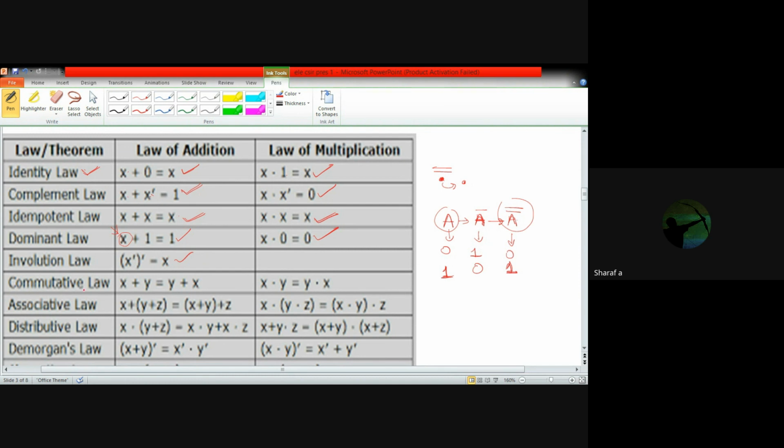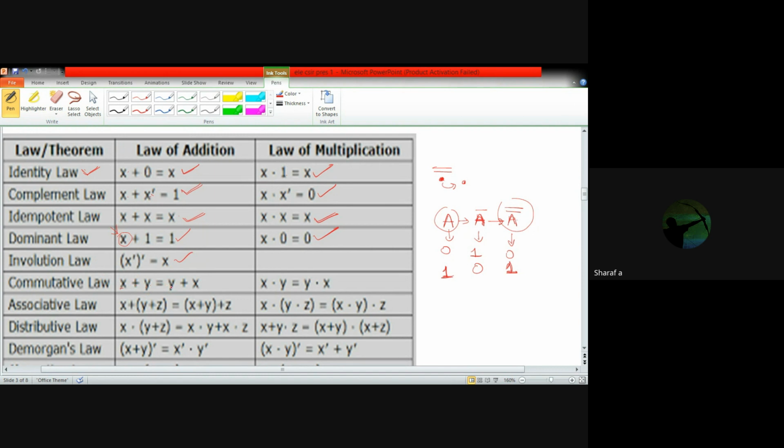Now you have the commutative law. This is just interchange. Don't worry much about these terminologies, commutative, associative, all those things. Just consider x plus y, which means you are adding two variables. Then change its order, change it as y plus x.